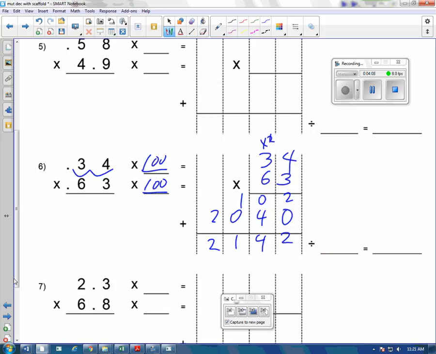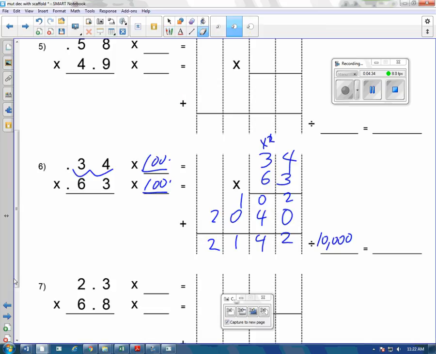Now, the trick is we can just count the number of zeros, right? Because there's 2 zeros here, 2 zeros here. Because 100 times 10 is 1,000, and 100 times 100 is 10,000.